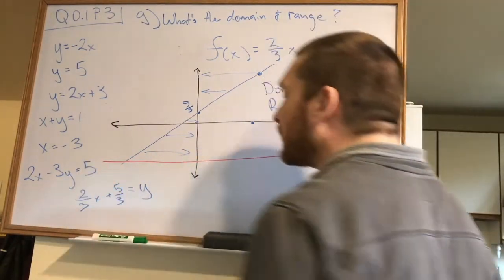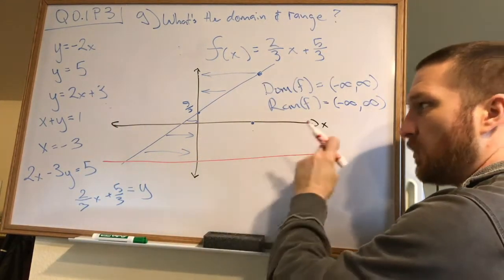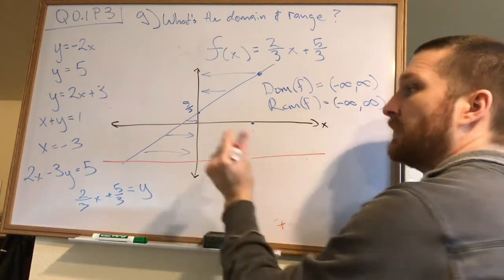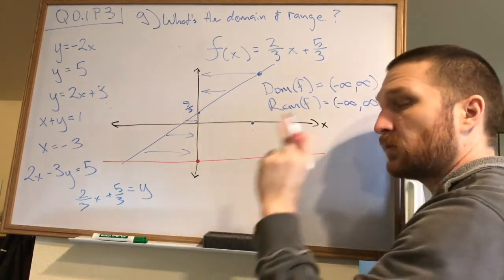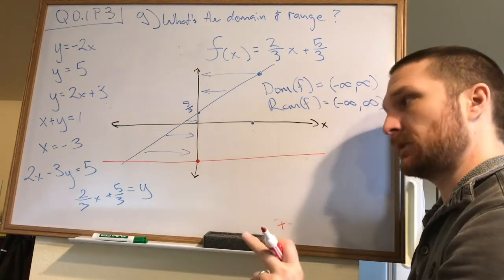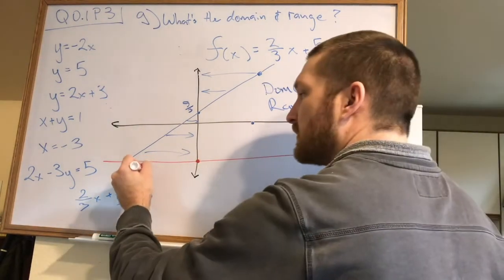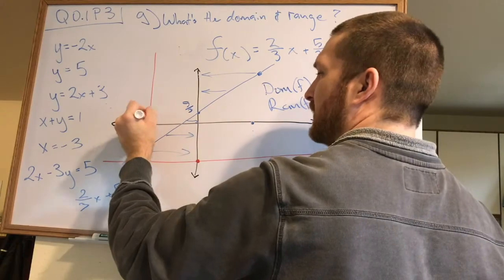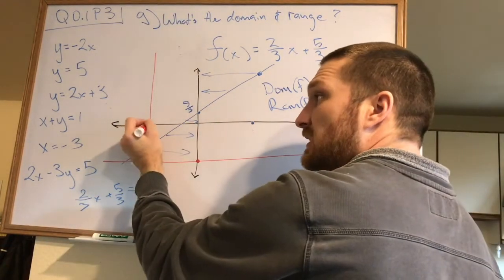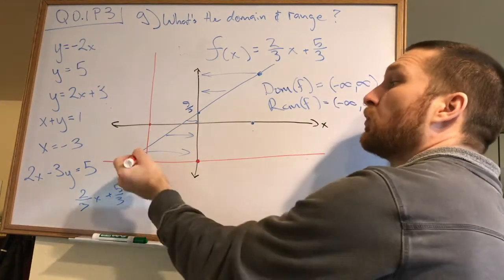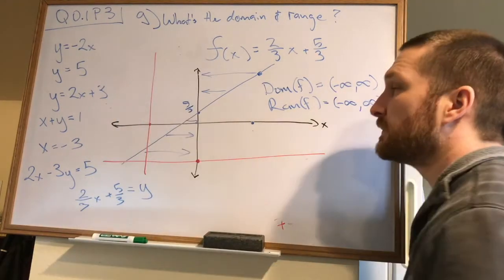For a horizontal line, the domain is all real numbers, but the range, in other words the output, is one single number, a singleton set. In the case of a vertical line, the domain is one single number, but the range is all real numbers.